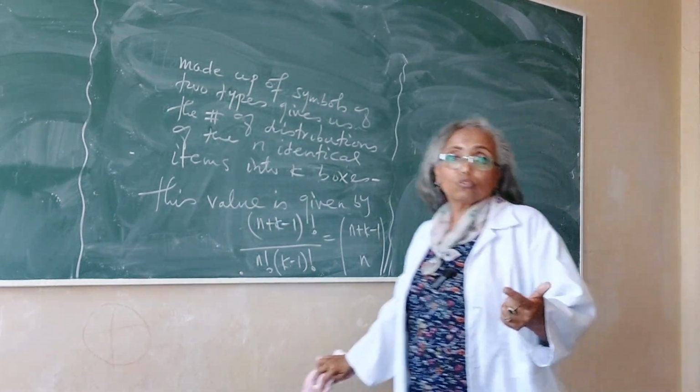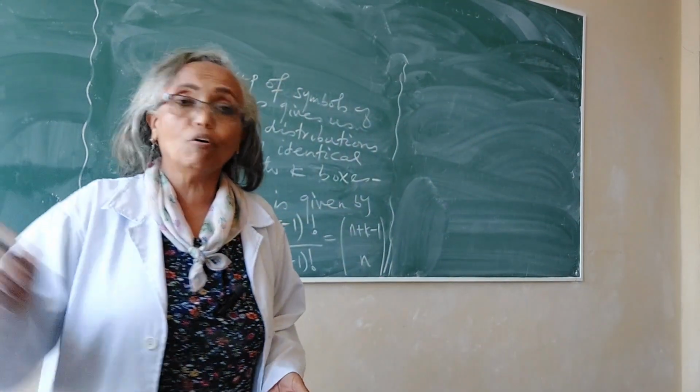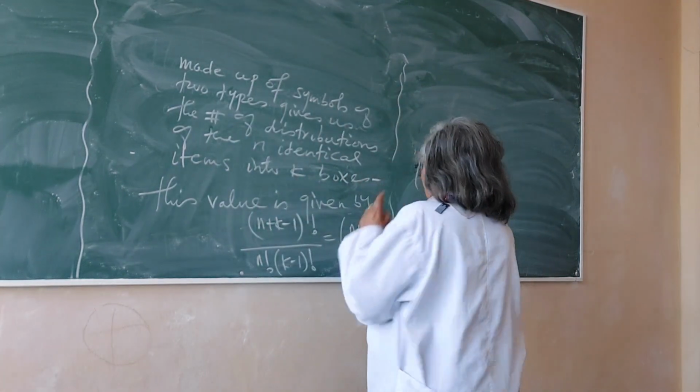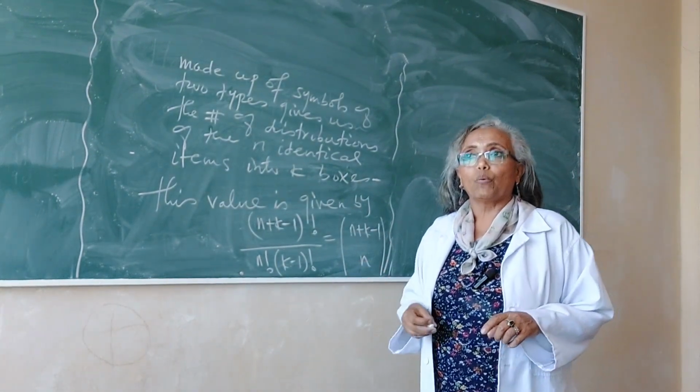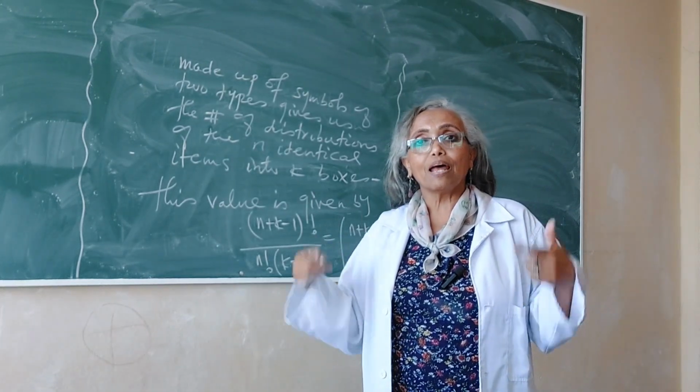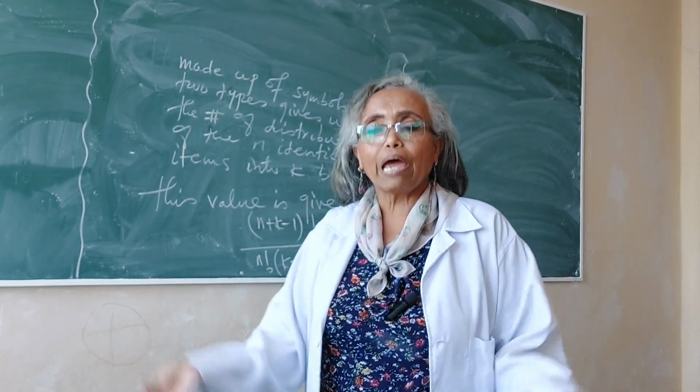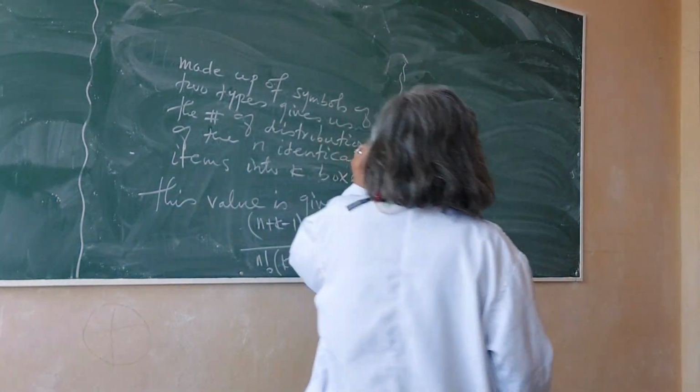and that also gives us the number of ways to distribute n identical items to k distinct items.